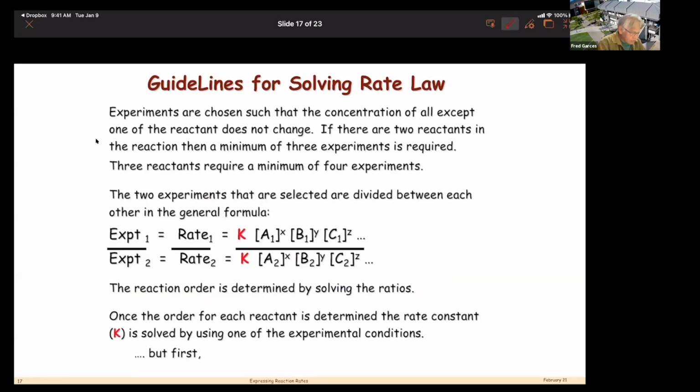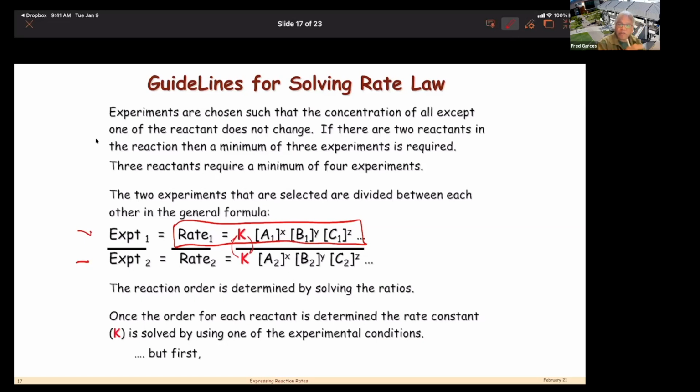This is just the wording of what's going on. You're going to pick 2 experiments, and each of the experiments will obey a rate law. The rate law will be rate is equal to K times NO to the X, O2 to the Y. And then for the other experiment, rate, because it's a different value, is equal to K times NO to the X, O2 to the Y. This K and this K are the same.